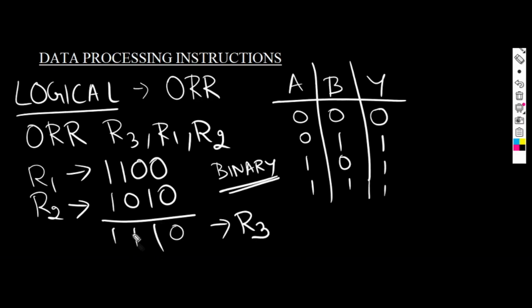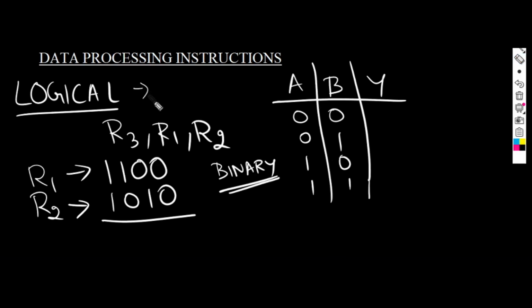So what is this in hexadecimal? It is E. So if you see the final result, you will find E in R3. Next let us consider XOR operation or exclusive OR operation. So what will be the truth table for that? If both the inputs are 0 or both the inputs are 1, output will be 0.